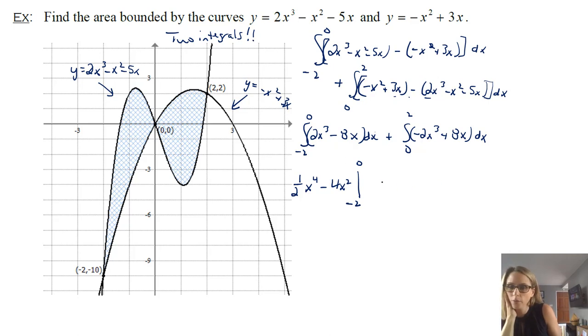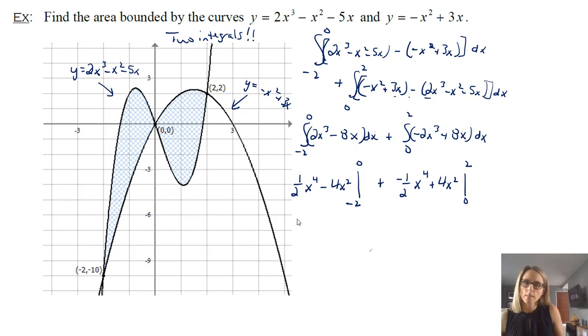And then we have a negative 1 half x to the 4th plus 4x squared, and that is from 0 to 2.